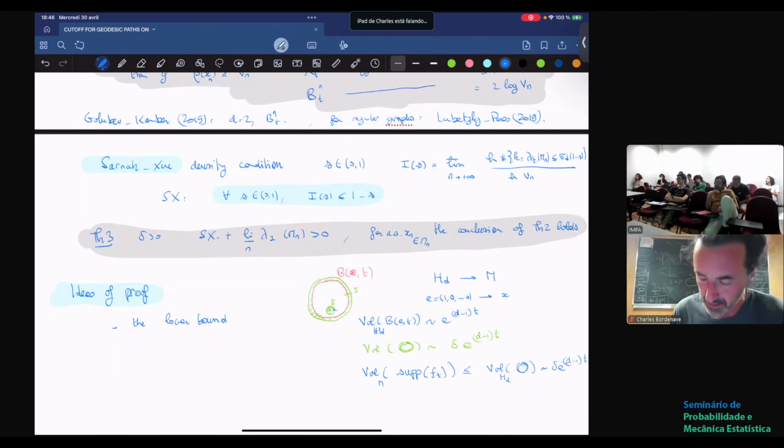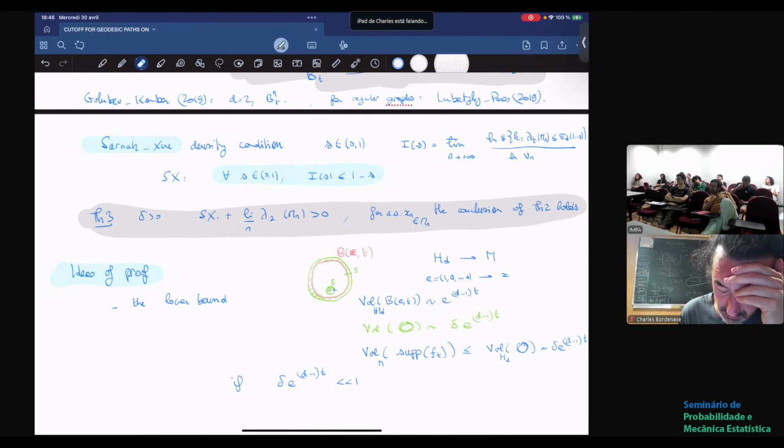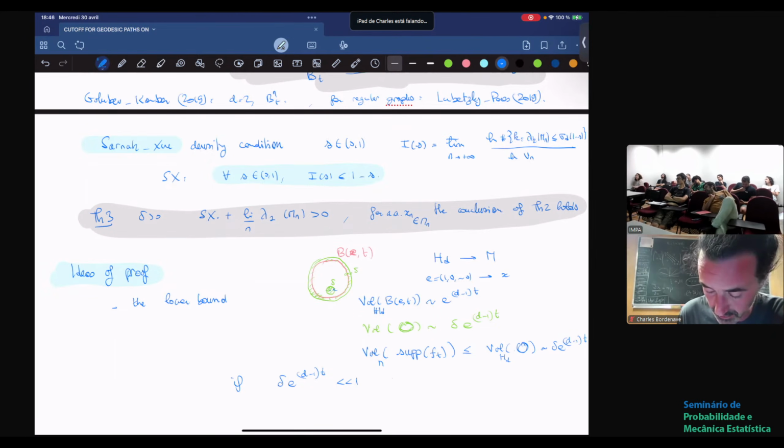Okay, so if delta exponential (d minus 1)t is much smaller than 1, then you cannot have cutoff. Because the distance in total variation between, sorry, F_t is a density.